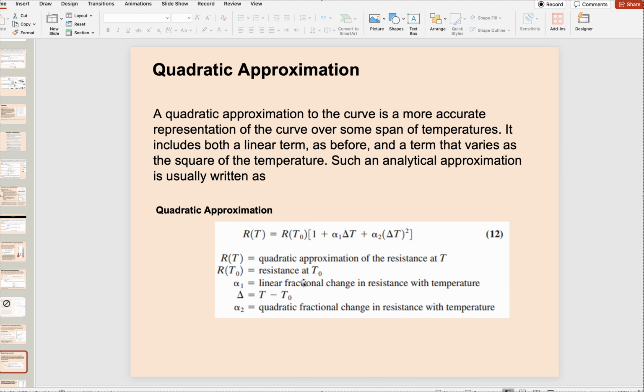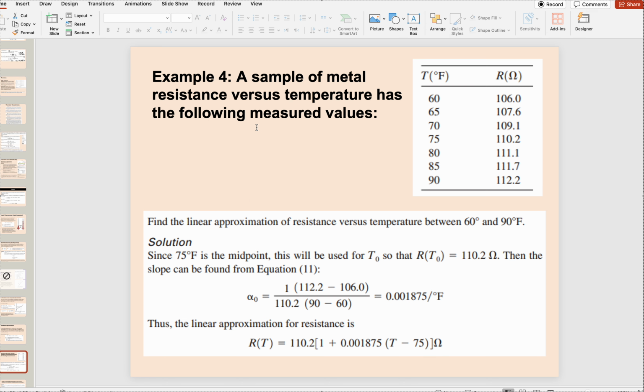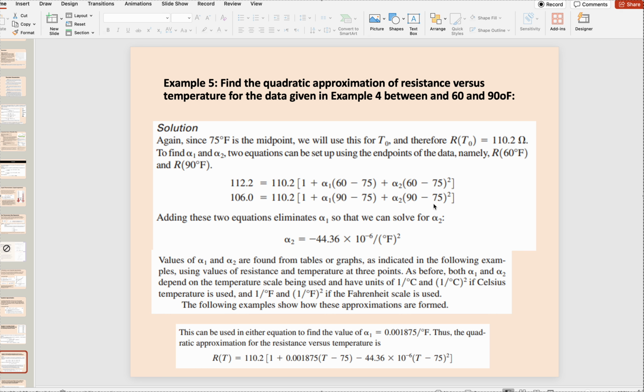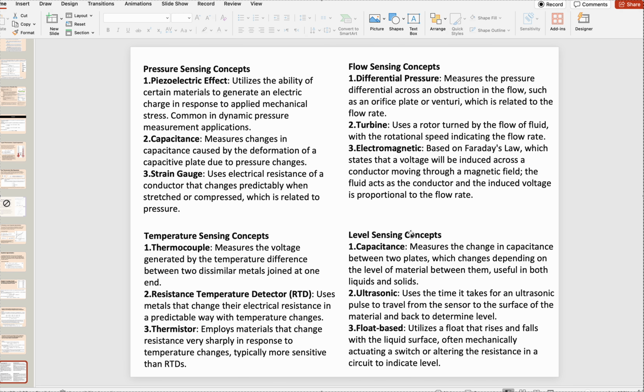And then we said that we can have a better approximation if we have it to the power 2, which is a quadratic approximation. We took an example where you have data of T and R, so you're going to have an approximation of T and R as a linear relationship, or then you're going to have two equations, two unknowns to solve for alpha 1 and alpha 2. So these were the answers. Okay, so these are the problems.